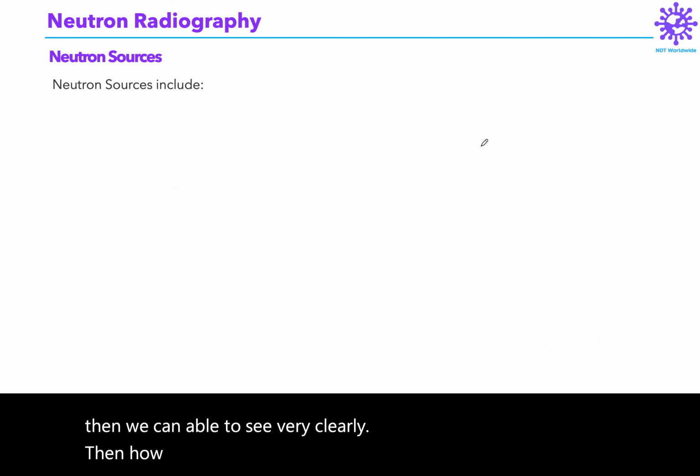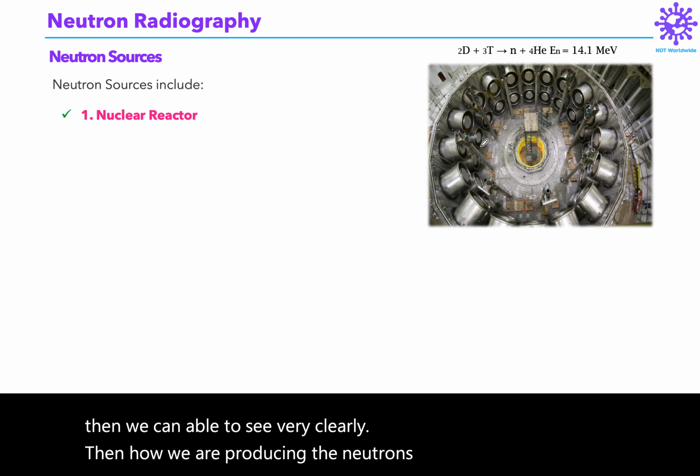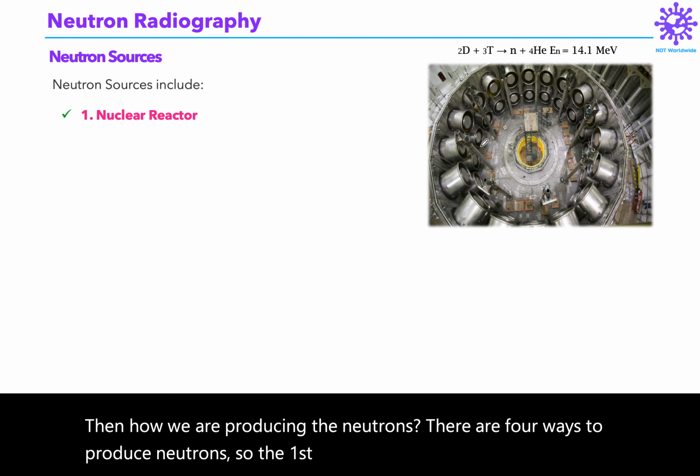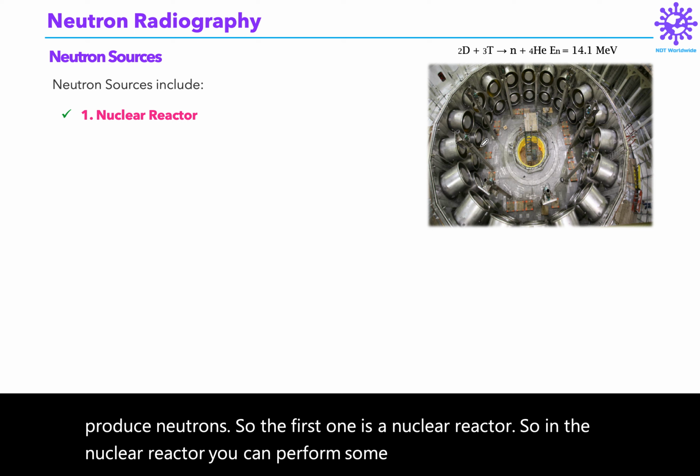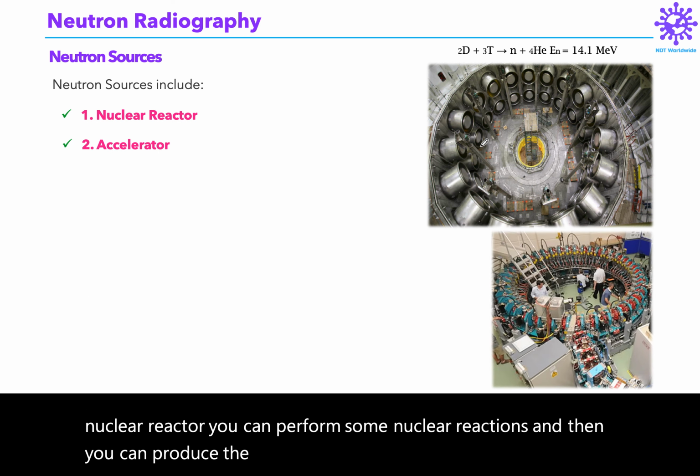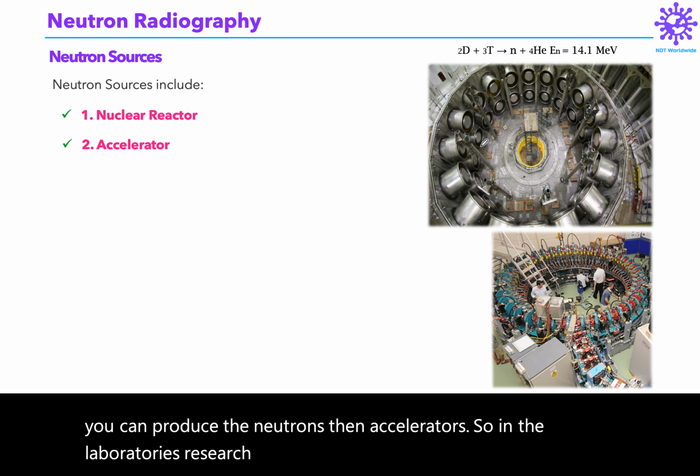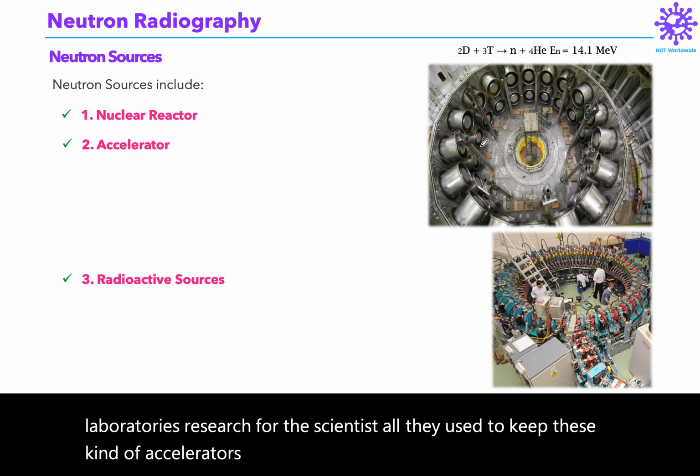Then how do we produce the neutrons? There are four ways to produce neutrons. The first one is a nuclear reactor, where you can perform nuclear reactions and produce neutrons. Then accelerators. In laboratory research, scientists keep these kinds of accelerators and produce neutrons.